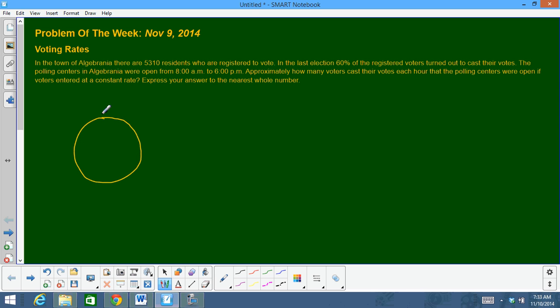So we got Algebrania. And we've got 5,310 possible voters, right? Registered to vote sort of means you can vote. You have to be typically registered to vote.